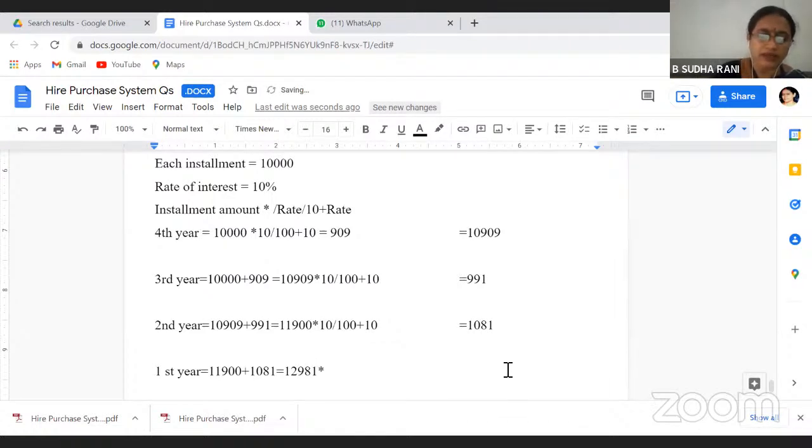Upon that, calculate interest again, 10 by 100 plus 10. 12,981 divided by 110.